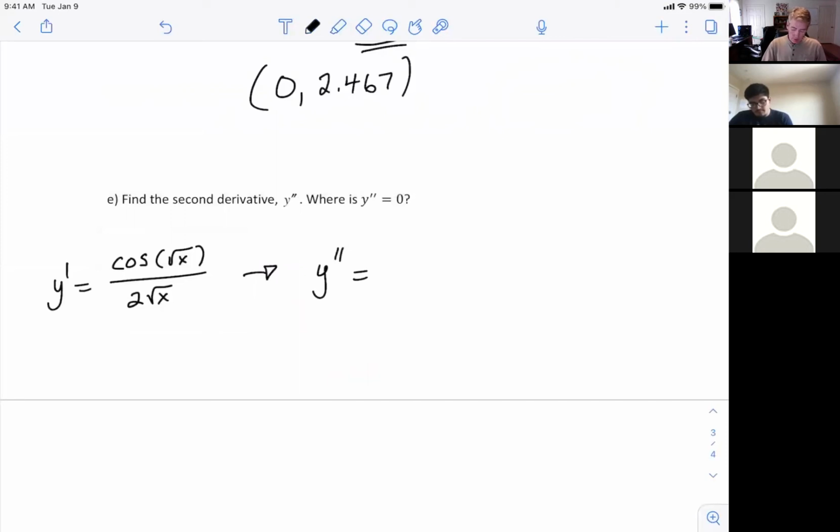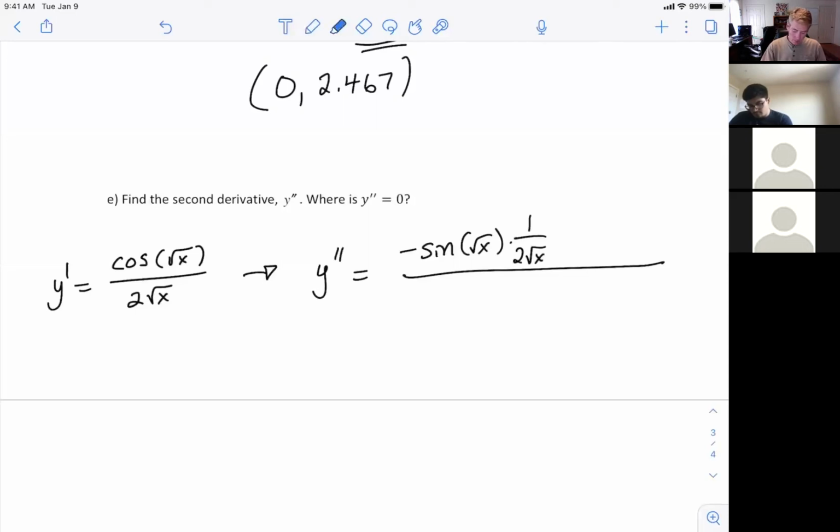So for this one, use the quotient rule. And the quotient rule says start on the top, take the derivative of cosine. So derivative of cosine is negative sine of the square root of x. And then the chain rule would say you still need to take the derivative of square root of x. So that's going to be times 1 over 2 times the square root of x. So that's the very first part of the quotient rule.